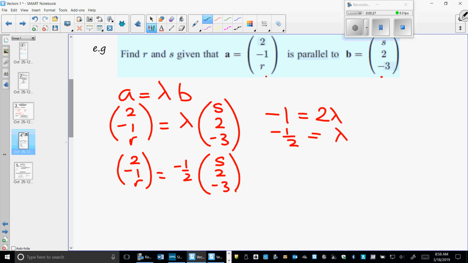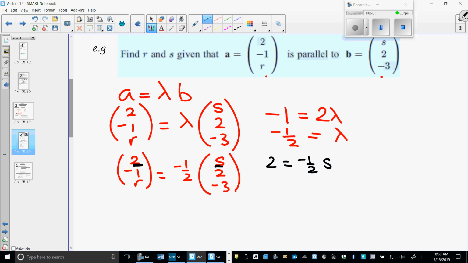Okay, so the S is the top number, yes? Do you see how Olivia said that? So 2 is equal to negative a half multiplied by S, because this negative a half affects everything here. And so that means that we're always comparing our top numbers, or our middle numbers, or our bottom numbers. And so we can make that statement.